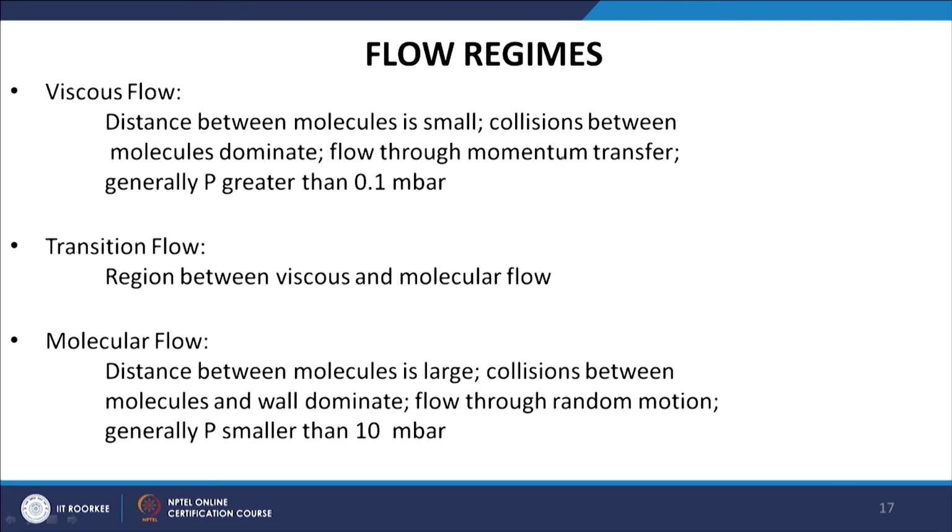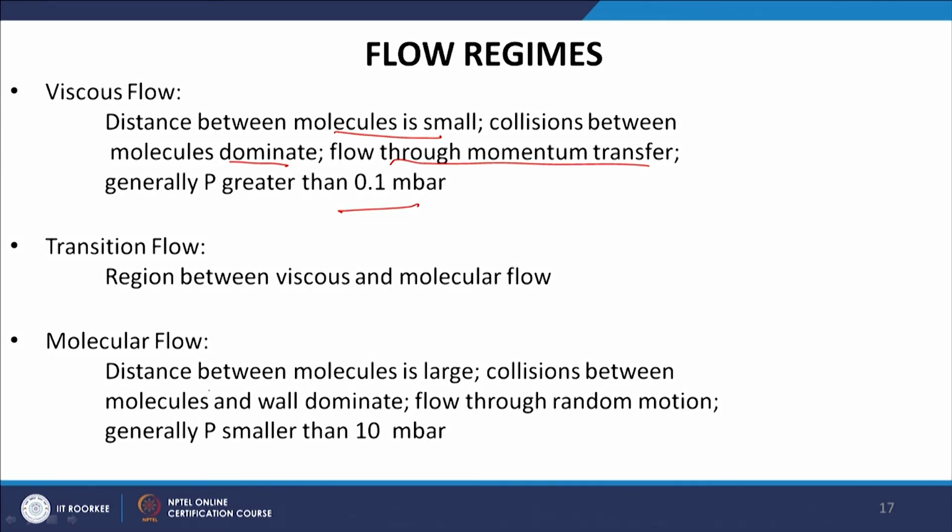In viscous flow, the distance between molecules is small, collisions between molecules dominate, and flow happens through momentum transfer. So there are 3 parts to it. First, in a viscous flow, the distance between molecules is small, collisions dominate and flow happens through momentum transfer, and in this case pressure is usually greater than 0.1 millibar.